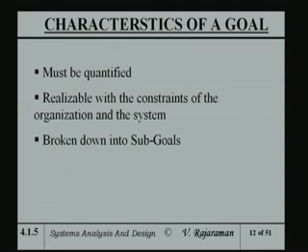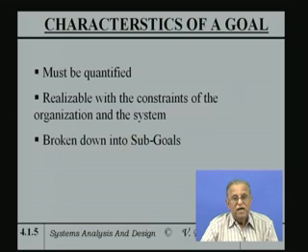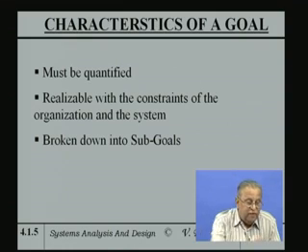Goals, as I said, must be quantified, must be realizable within the constraints of the organization and the system, and they should be broken down into sub goals, because unless you break up a large problem into smaller problems, it will be difficult to tackle the problem in any systematic way.